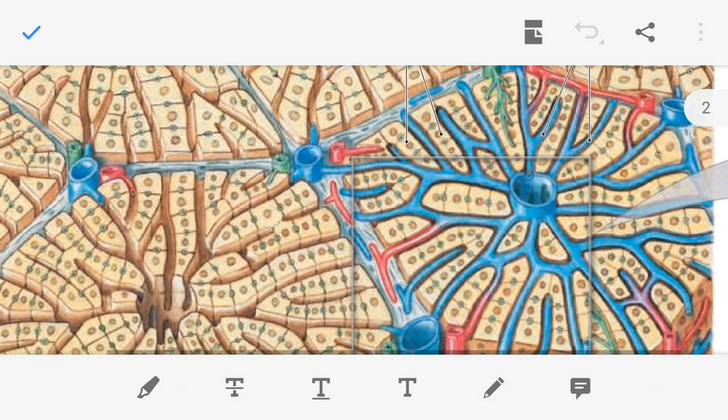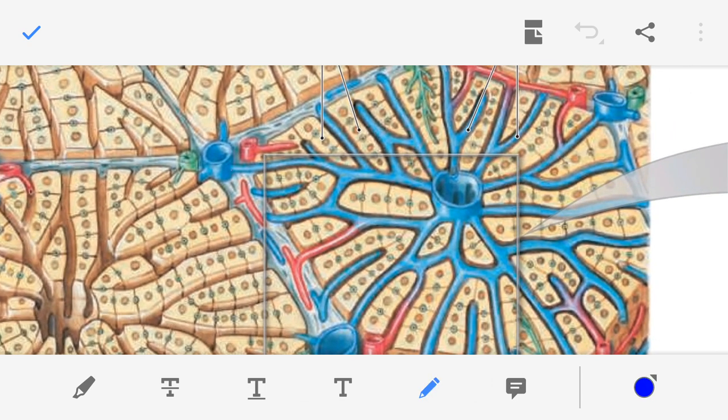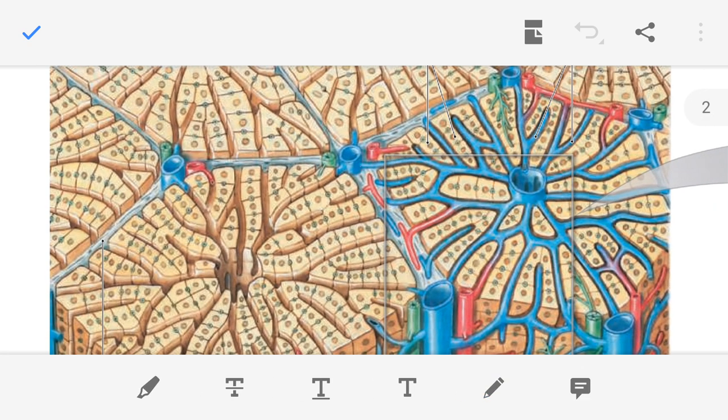Here you see plates of hepatocyte cells, and these plates are arranged like the spokes of our bicycle wheel. The way the spokes are arranged in the wheel of the bicycle, the same way the hepatic laminae are arranged in the liver.